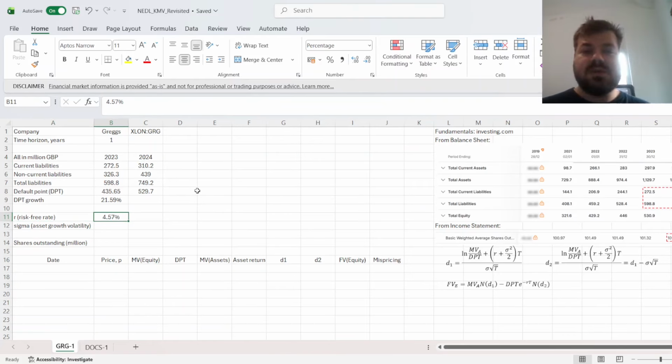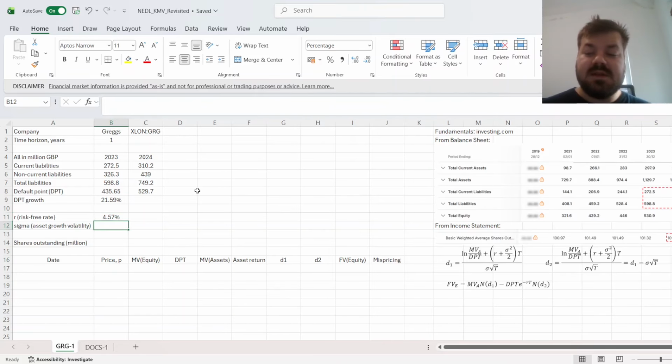You could use the required rate of return from CAPM for this particular stock. You could use empirical asset growth rates over long time periods. Essentially, a lot of inputs can go in here, but the risk-free rate is a good conservative choice, just so that you don't assume assets will grow indefinitely at a very high rate.